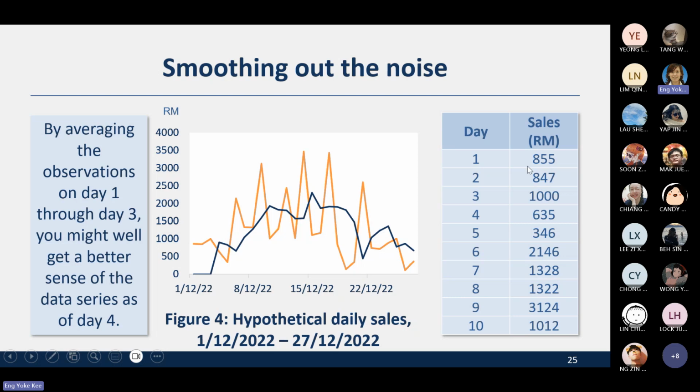Basically, you total up 855 plus 847 plus 1000 and divide by 3 for the first observation, and then you take 847, 1000, and 635, and this one you get the 3-month average, and this one the 3-month average, and this one the 3-month average. You roll the data, and you get new data points that give you smoother edges, smoothing down all these sharp edges. So you tend to see the signal more clearly. This is what you see.